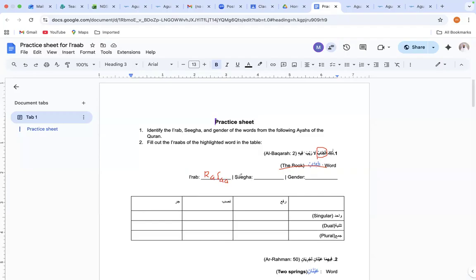Then number. Number means is it singular, dual, or plural? It's singular. That means it is wahid. So you will write here in Arabic wahid. Then gender. Is it a masculine or feminine word?